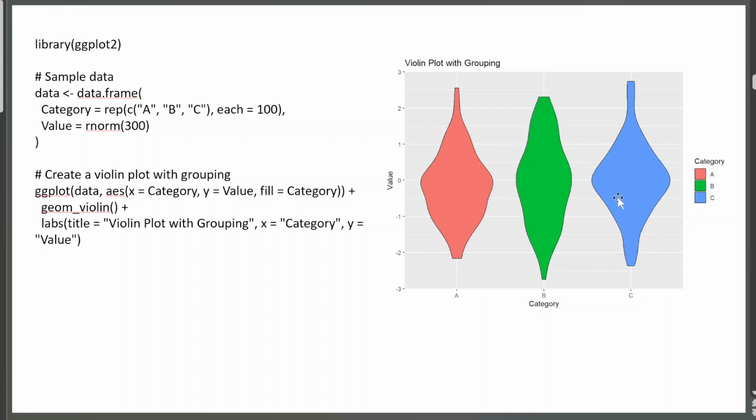For example, it doesn't have too many extremities. If I have a mean value around 30, it falls between 20 and 40, like that.